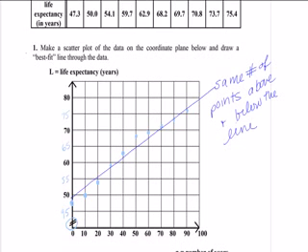So our next thing to do, now that we have what we're going to call our best fit line, is we're going to pick 2 points on the line. And once again, we're going to have to kind of estimate. Now for the purposes of our notes, I want you to pretend like your best fit line is exactly the same as mine and use the same points that I'm going to use. So I'm going to look at my line, and it looks like I have something close to an intersection there.